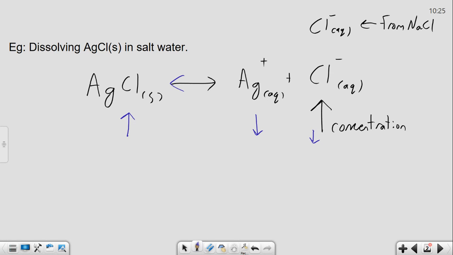So Le Chatelier's principle says if I try to dissolve silver chloride in something that already has chloride or already has silver ions in it, it won't dissolve as much. The reaction is going to shift back towards the reactants, which means I have more solid, which means it's not as soluble. I will have less dissolving because of the common ion that's present.